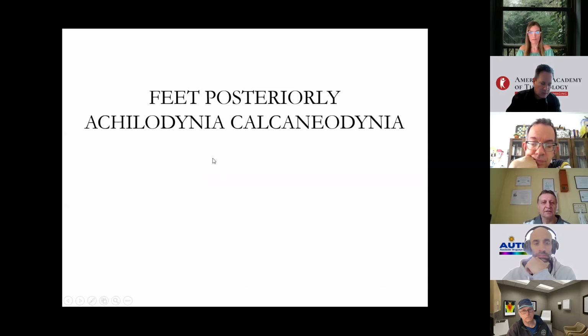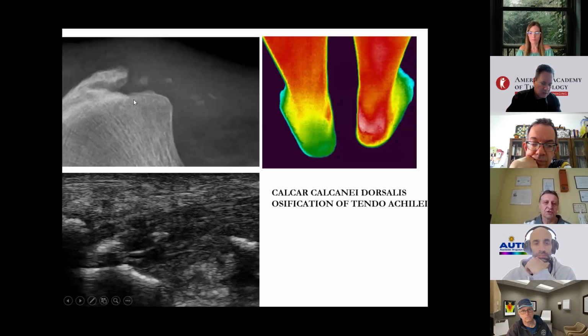Following part is feet posteriorly, achillodynia, calcaneodynia. On these pictures, we can see on X-ray and on sonography calcar calcanei dorsalis, but also ossificates in the structure of the Achilles tendon, also with disruption of filaments of the tendon.